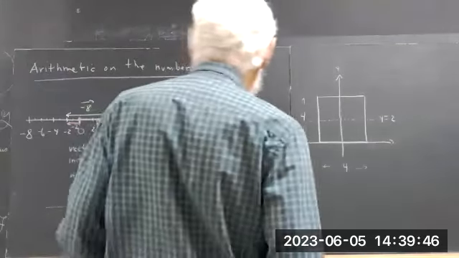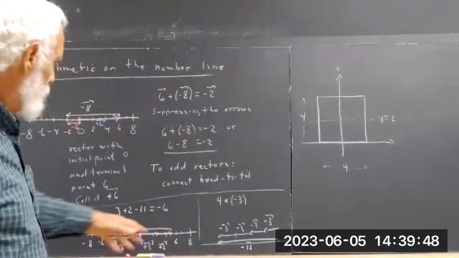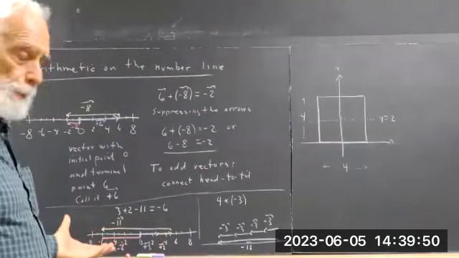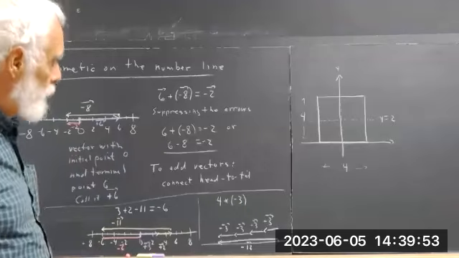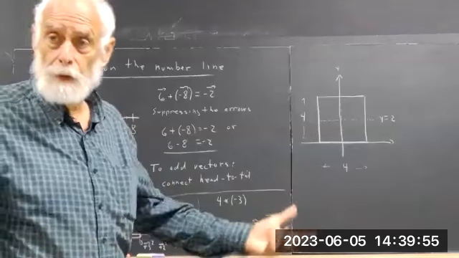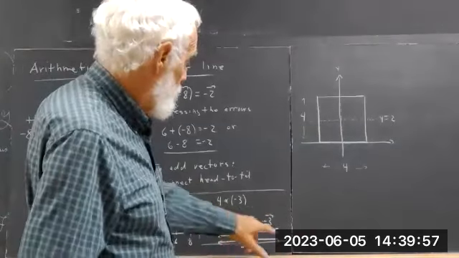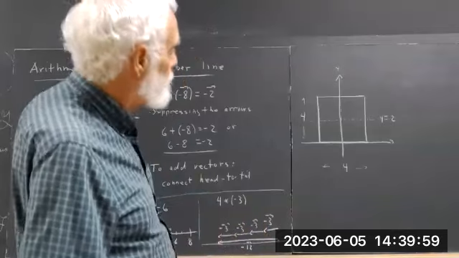Okay. Now we've seen how to either represent addition or subtraction, subtraction being addition of a negative, or even to do multiplication.